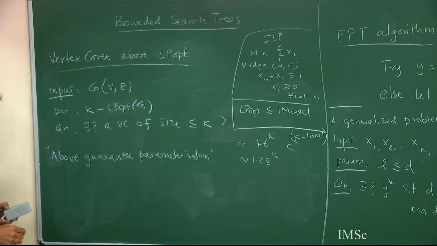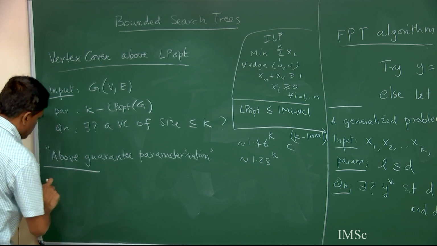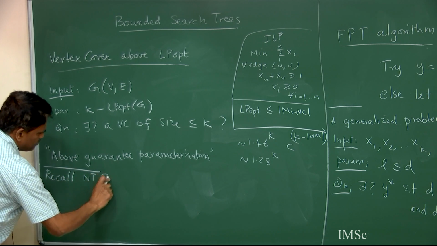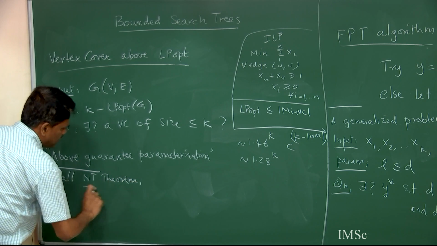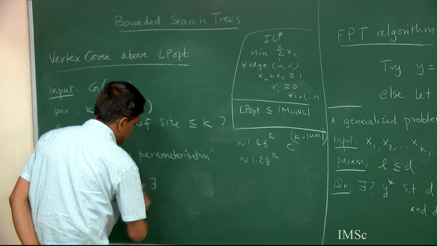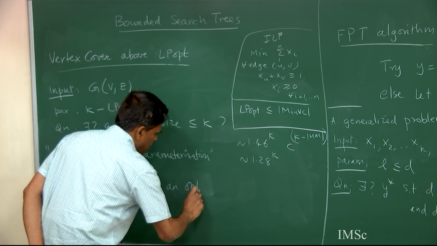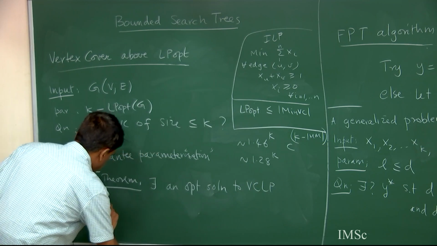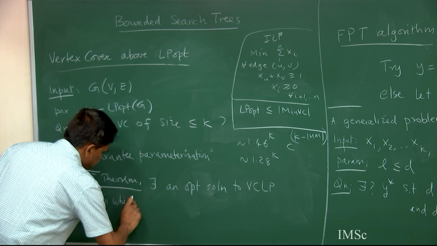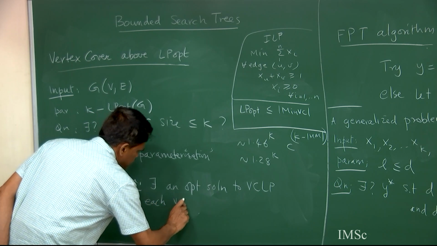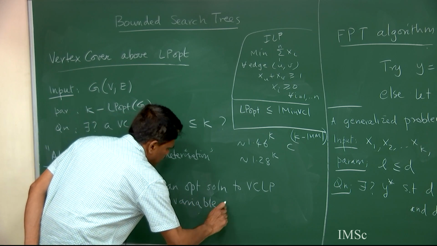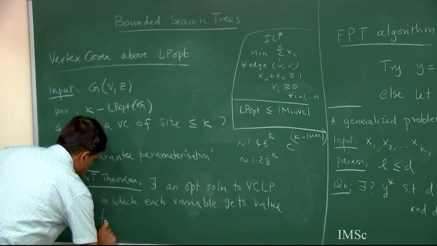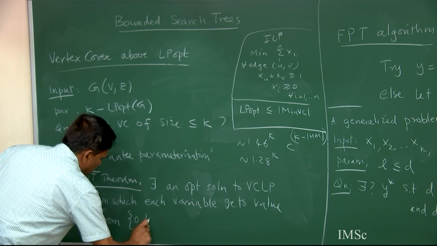So, the starting point would be, recall we had this Nemhauser-Trotter theorem, which said there exists an optimum solution to vertex cover LP in which each variable gets value from 0, half or 1.